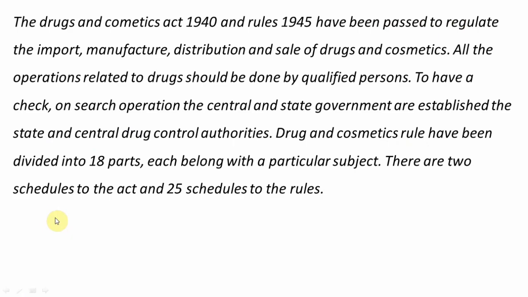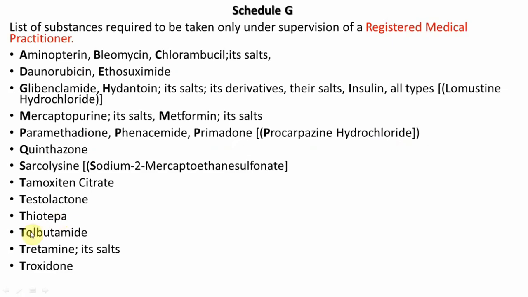Next one is Schedule G. List of substances required to be taken only under supervision of a registered medical practitioner. These are the examples: aminopterin, bleomycin, chlorambucil, daunorubicin, mercaptopurine, thiotepa.